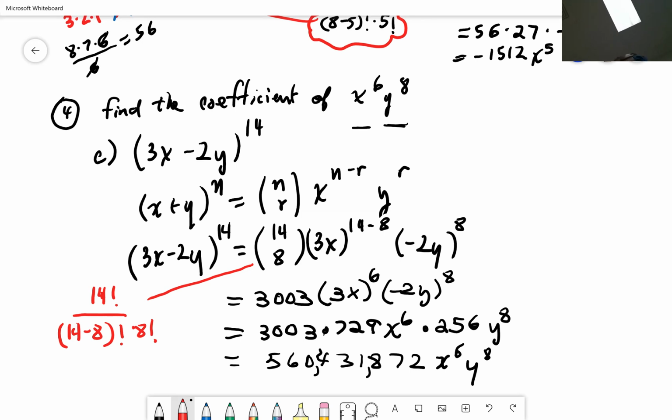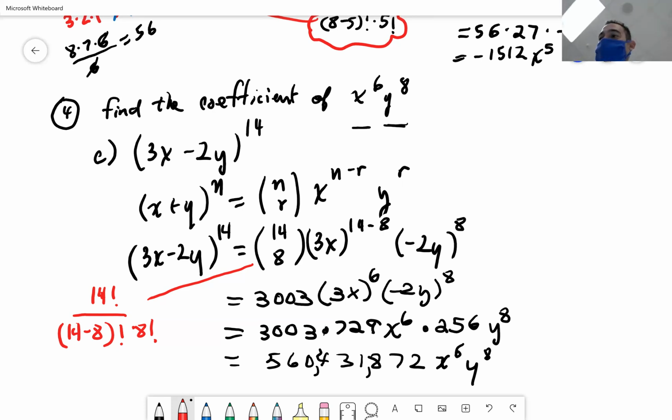If you did that, you get 3003. Yeah, so if you use your calculator. So you put 14 prob C, and then you would put 8. Ta-da!